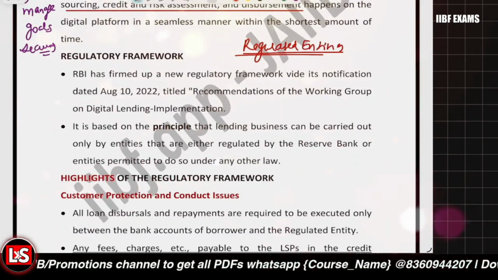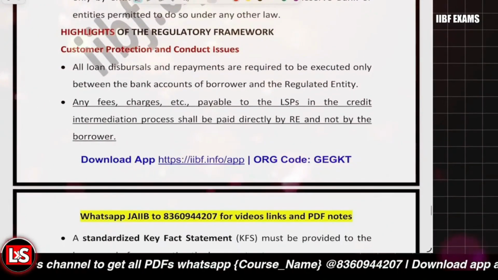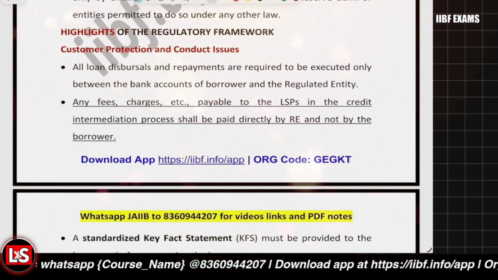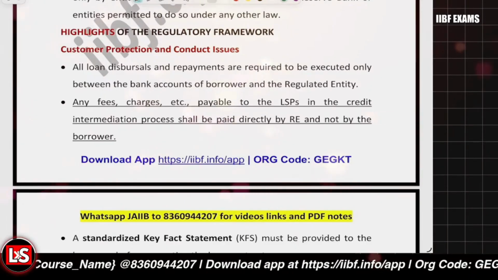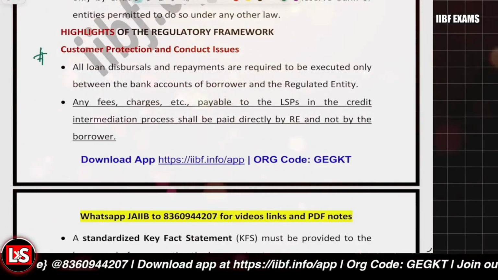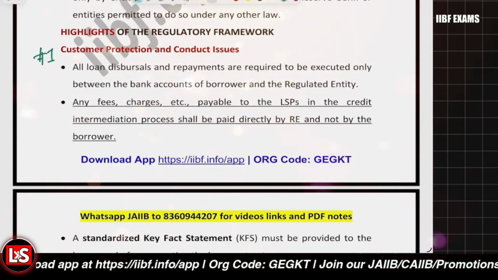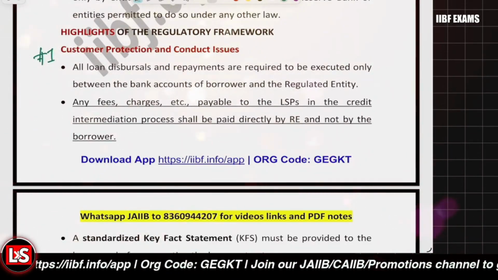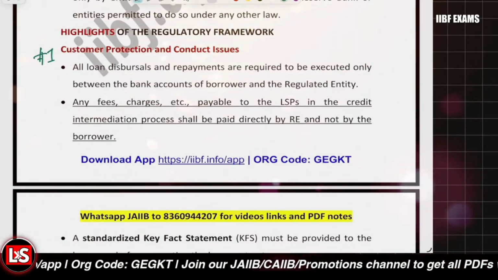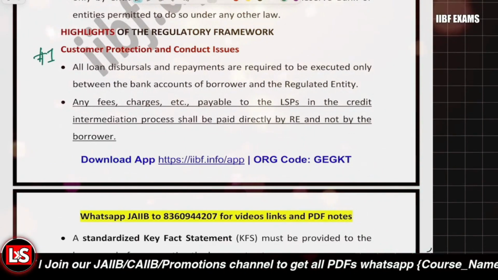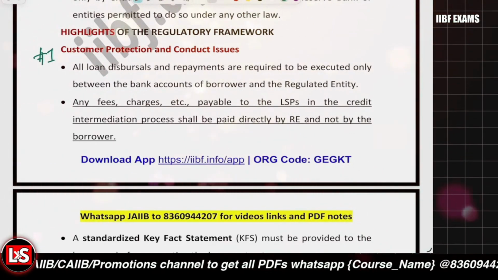Right? So what are the highlights of the regulatory framework? Let's have a look at the key highlights. The first one is about customer protection and conduct issues. All loan disbursals and repayments are required to be executed between the bank accounts of the borrowers and the regulated entity.